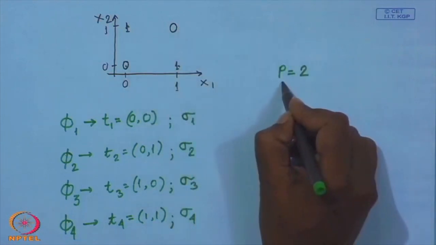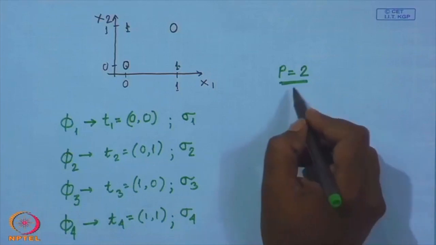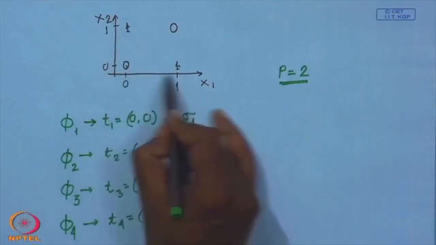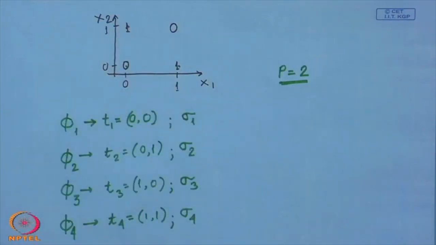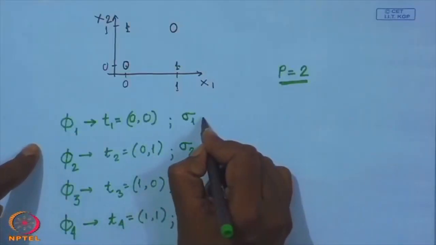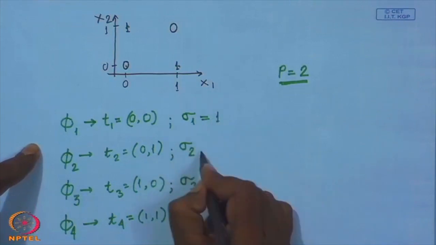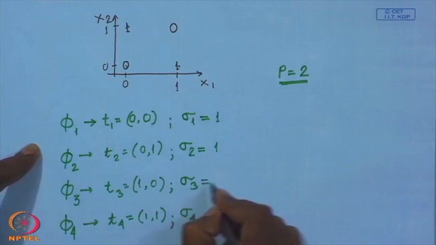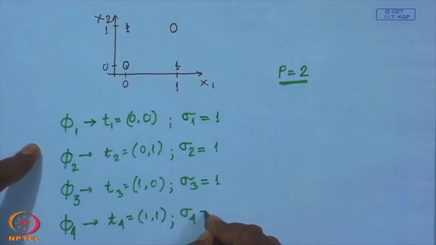So, when I take p equal to 2, I take the two nearest neighbors, both at distance 1, and the root mean square of these two distances will also be 1. So, I have spread sigma 1 equal to 1, sigma 2 equal to 1, sigma 3 equal to 1 and sigma 4 also equal to 1.